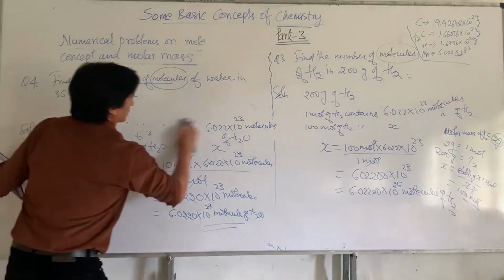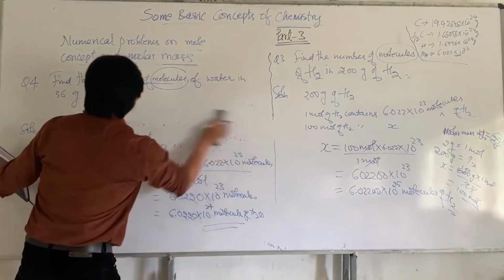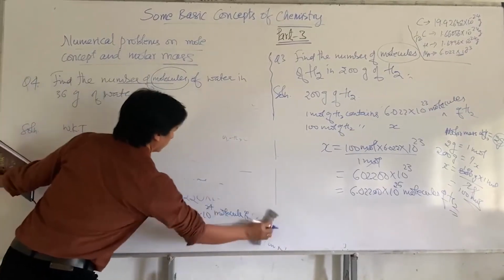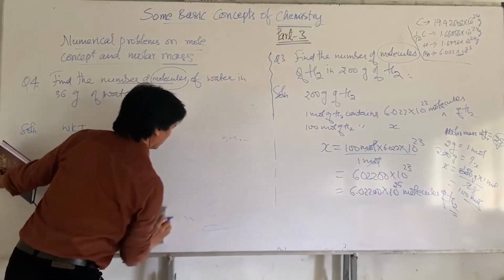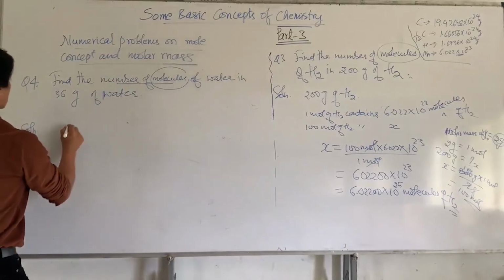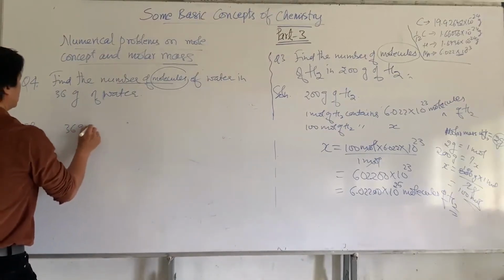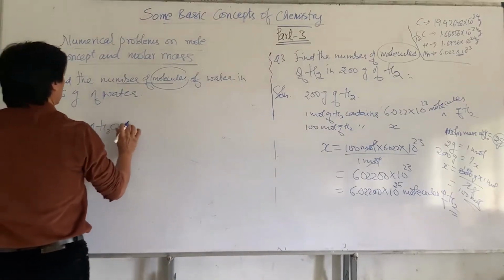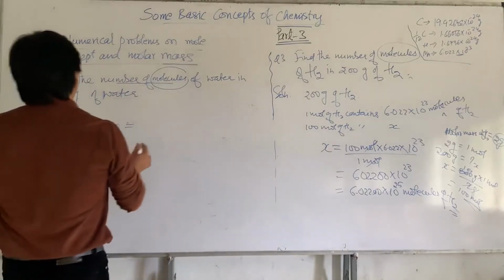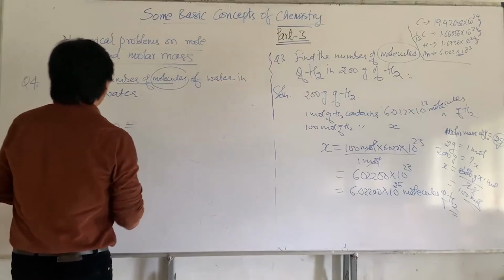Now, again, let's see how you can work it out. This 36 grams of water is nothing but 2 moles, isn't it? 36 grams of water is equal to how many moles? 2 moles of water.